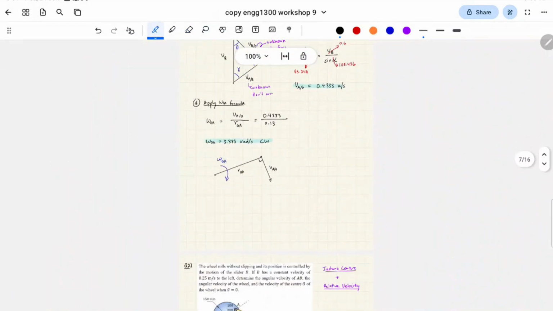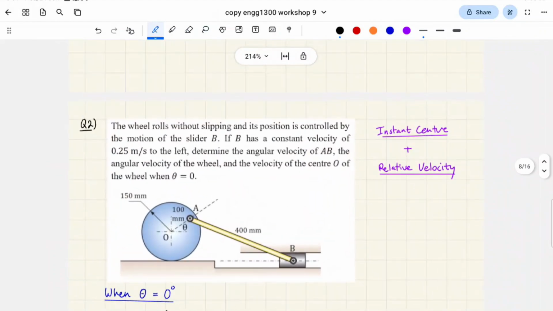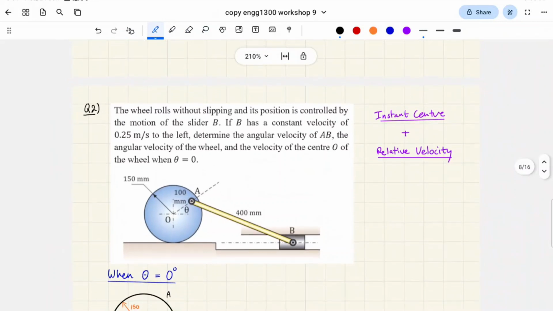So for question 2, we have a rolling disk, which you might have heard of in the lectures, and basically the trick of rolling disks is that the ground is pretty much where the instant center is. So the entire thing is going to be rotating from there.